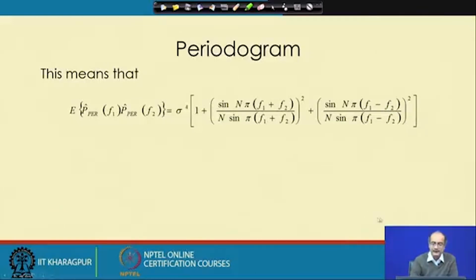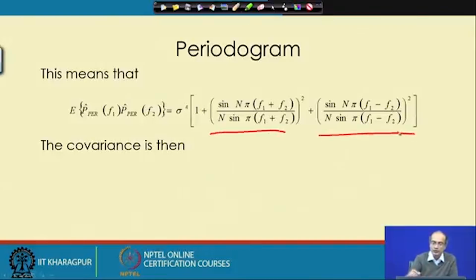Now, using that we get this expression for the white noise. Okay. So, we get the 2 terms at 2 different frequencies, we can say the sinc functions we could get.